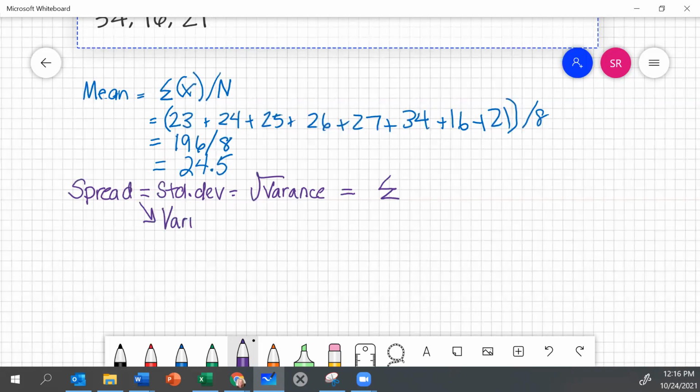That's the formula I'm going to write down here. We're not going to do that last step and write the square root sign.